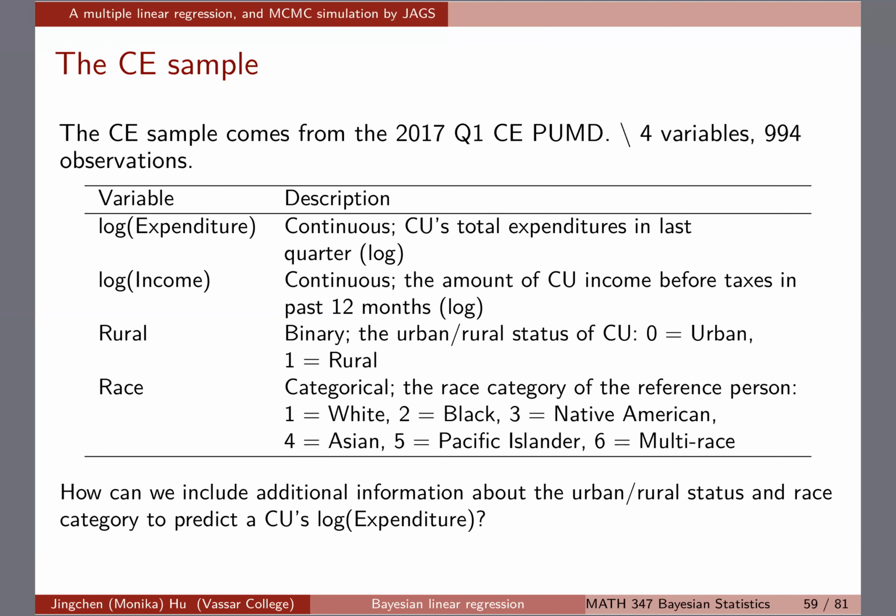We've seen how to do it with the log income. That's continuous, so we know how to interpret the slope as well as the intercept. But what if you have a binary predictor, or a categorical predictor? How do those regressions work? And in the end, what if I want to include all of them? How can I interpret my results? So this is the last topic.